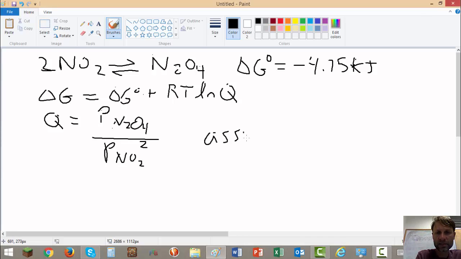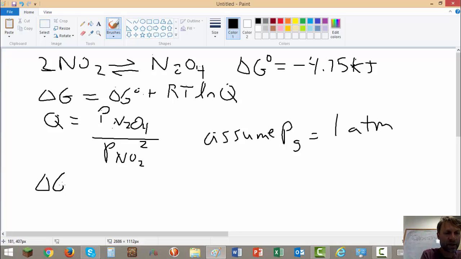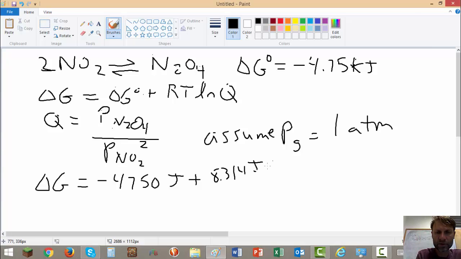So let's assume P gas equals 1 atmosphere, and so the equation turns into delta G equals delta G0, which is minus 4750 joules plus 8.314 joules per K times the natural log of 1 divided by 1 squared.